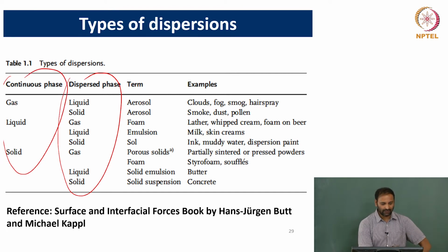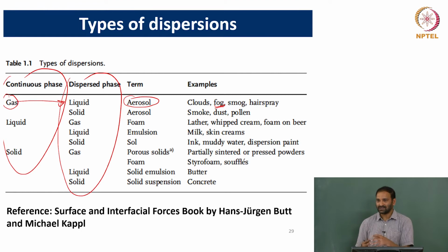If I have a continuous phase of gas and liquid as the dispersed phase, then you would have heard of a term called aerosol. Have you heard of this term? So with aerosols, for example fog, you have water droplets which are condensed, right?